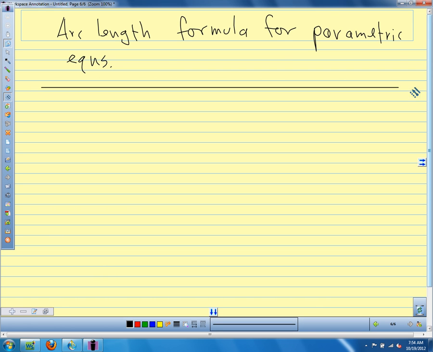All right, so remember that when we have y equals a function of x, and I'll call it, I want to use f or something else.